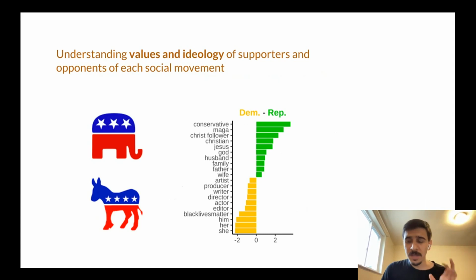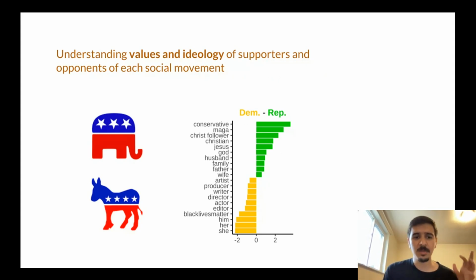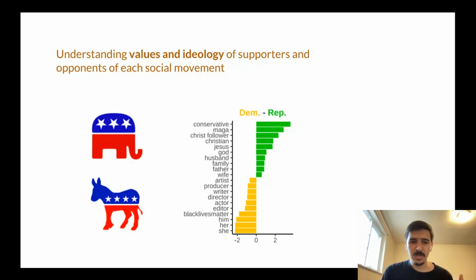And Democrats, for example, use phrases and words that refer to racial justice, like Black Lives Matter, or pronouns to define gender or being non-binary. For example, they use him, her, she, or such pronouns in their profile bios, which contain really important information about these people.